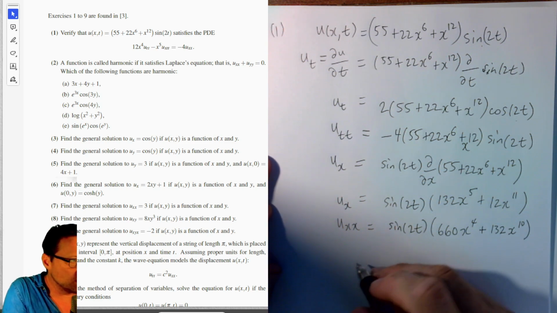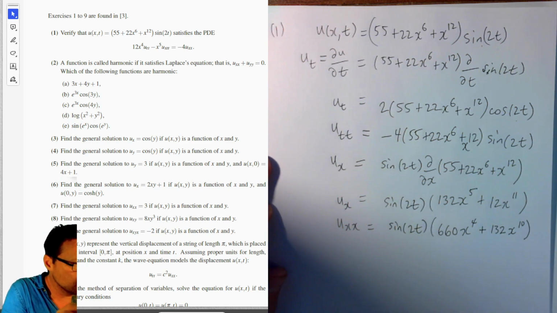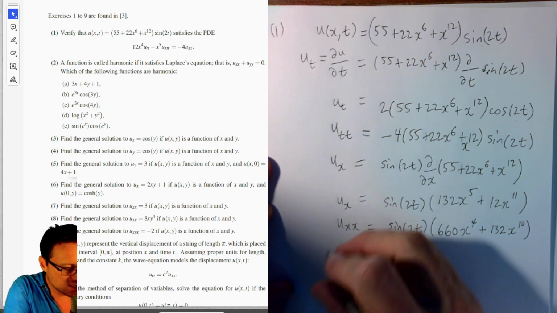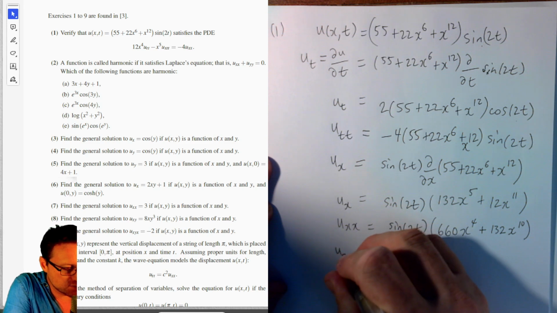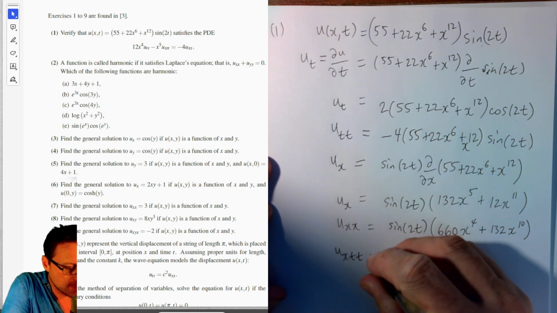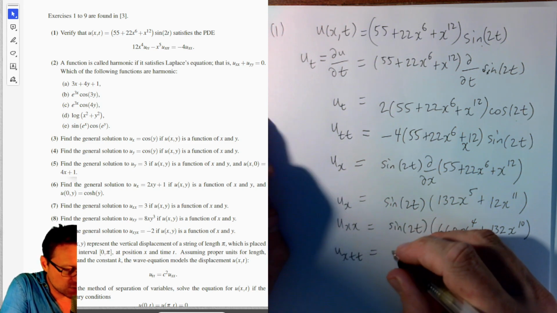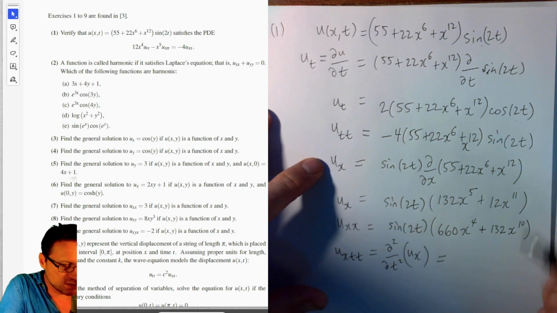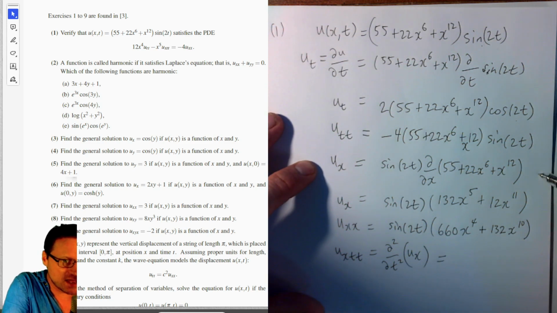Okay, now we need to calculate uxtt. And so this is the second derivative of ux with respect to t. So we look at this line and differentiate that with respect to t, and then we do that again.